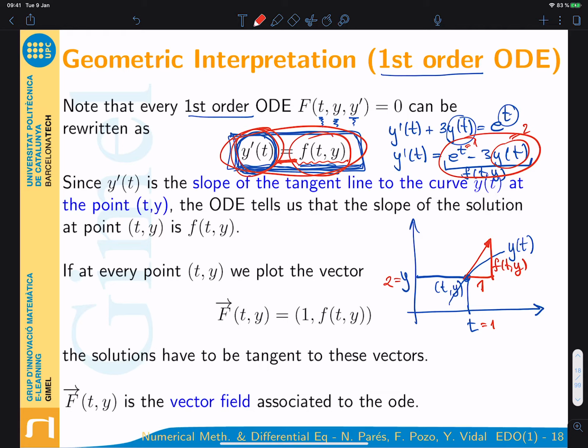So what I'm trying to explain here is that an ODE, an ordinary differential equation, is nothing more than a vector field. Whenever I'm given a first order ODE in this way, at any point (t, y), I can plot a vector. So that's a vector field.